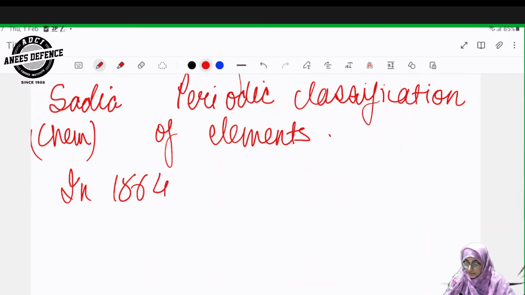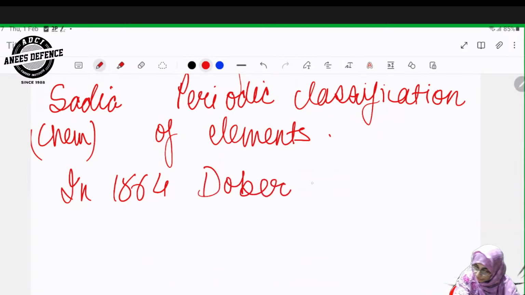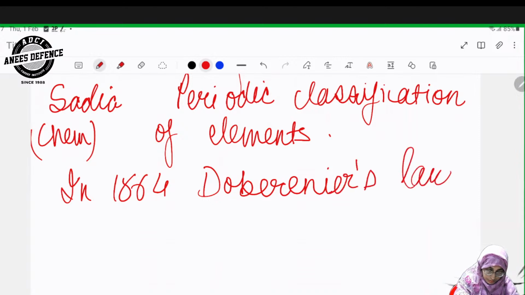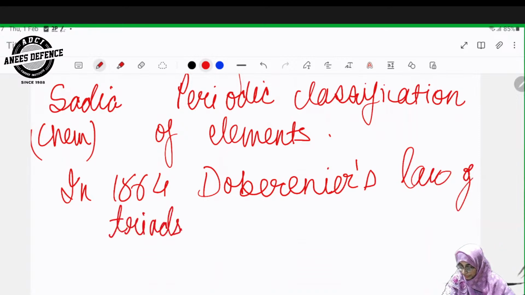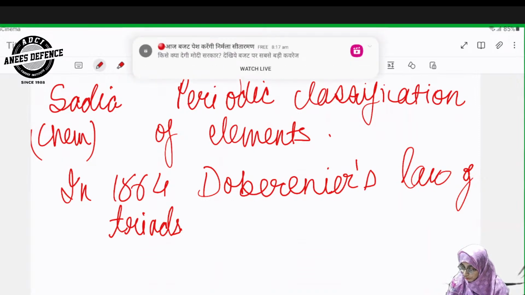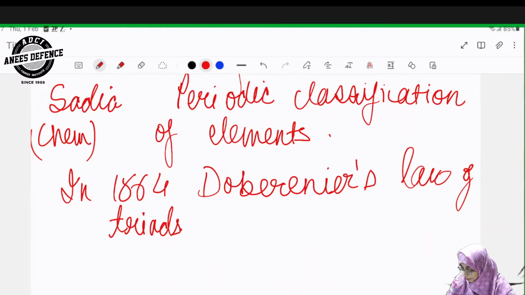So the first one was by Dobereiner. Dobereiner's law of triads. What happened here, Dobereiner arranged the elements and made a group of 3 elements. In that, the atomic weight of the second element is equal to the arithmetic mean of the first and third elements.